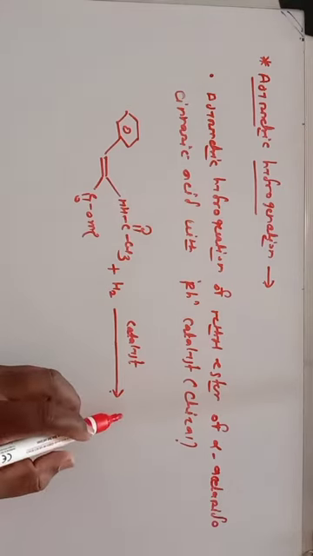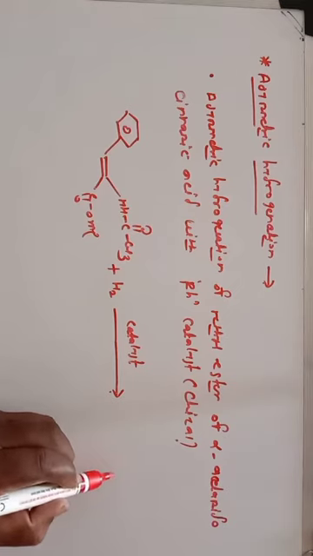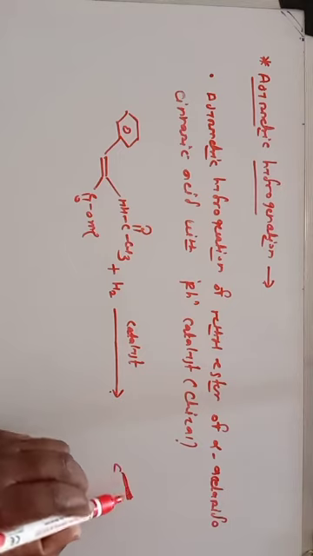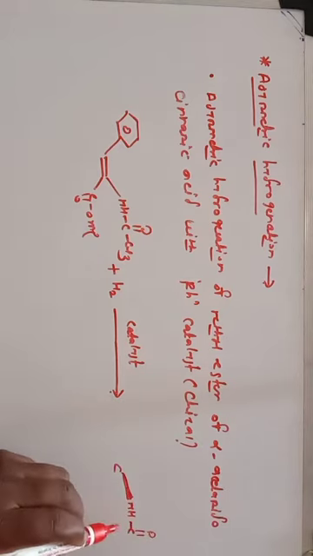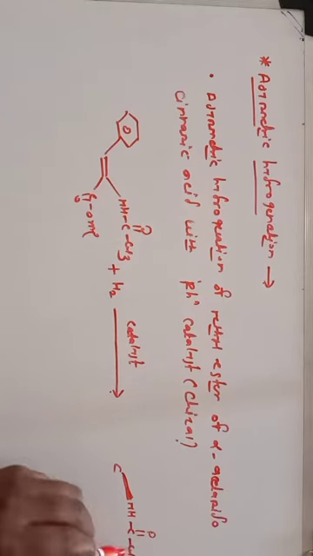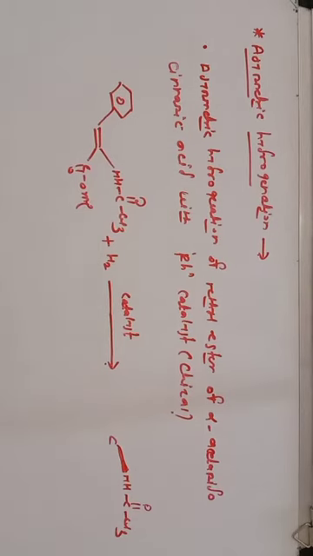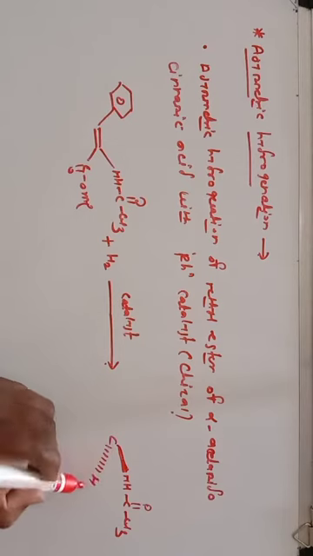So what do you get here? We get a carbon having NH C double bond O CH3. Then one of the hydrogens is below the plane.